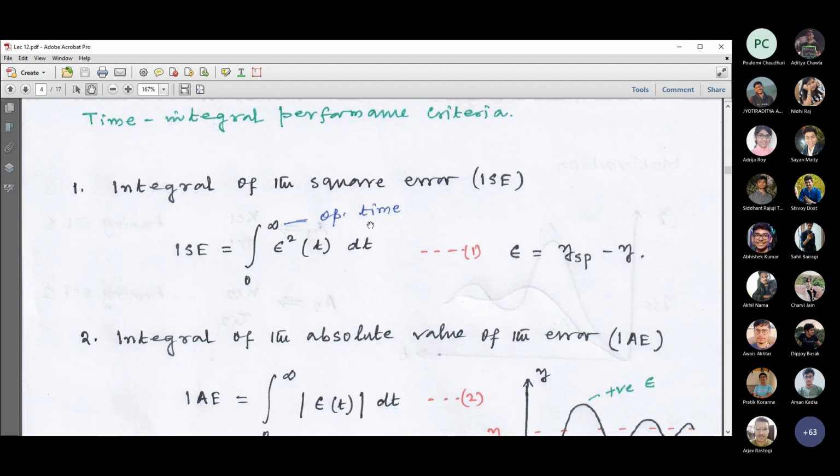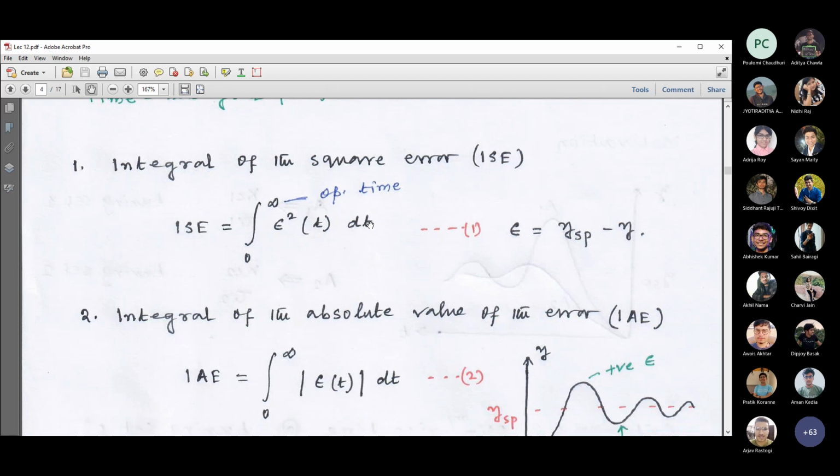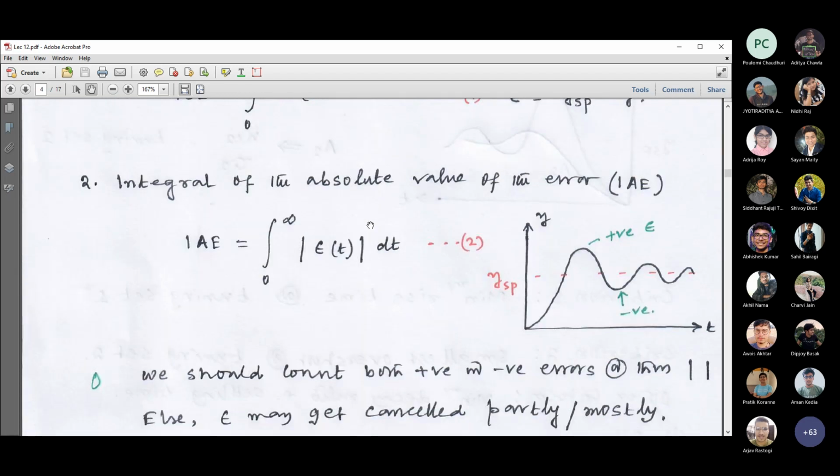Anyone? Sir, there might be positive and negative deviations. So the negative deviations will cancel the positive deviations. Very correct. What's your roll number? 19CH10054. See the answer. What he told, that is correct. So we should count both positive and negative errors.